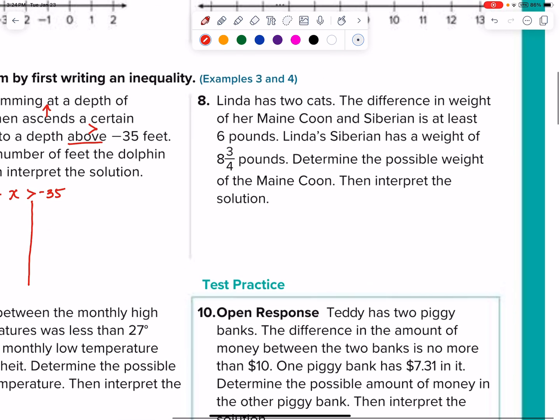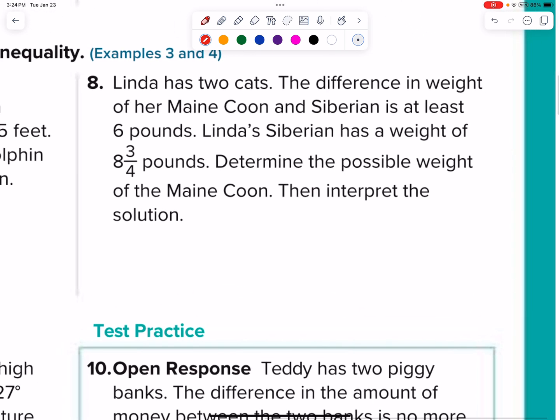Okay, let's look at number 8. Linda had 2 cats. The difference in weight of her Maine Coon and Siberian is at least 6 pounds. Linda's Siberian had a weight of 8 3/4 pounds.